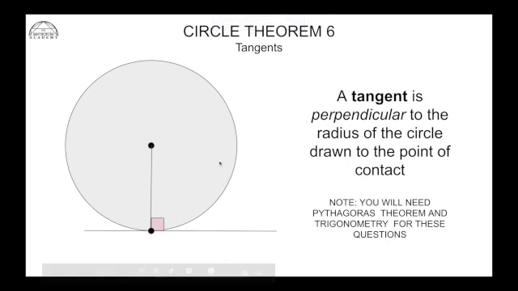So Theorem 6 says that a tangent is perpendicular to the radius of a circle drawn to the point of contact.